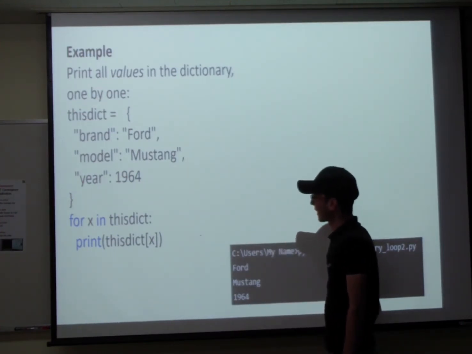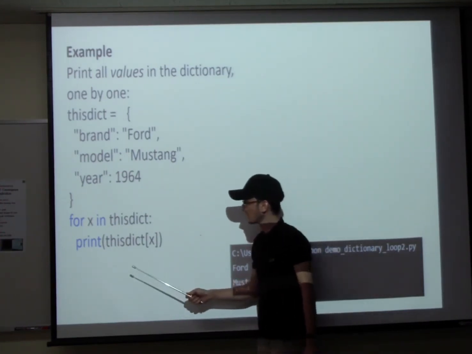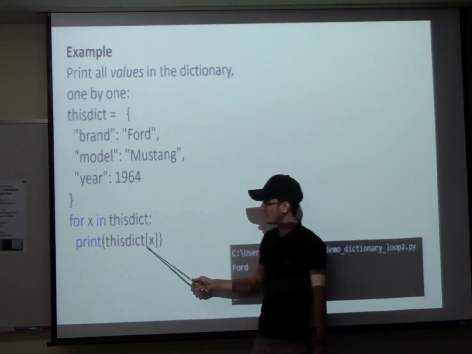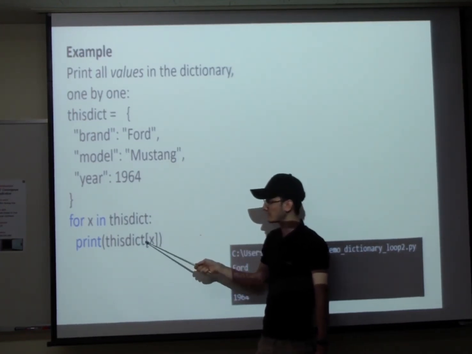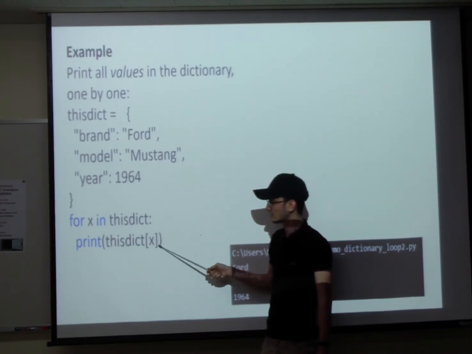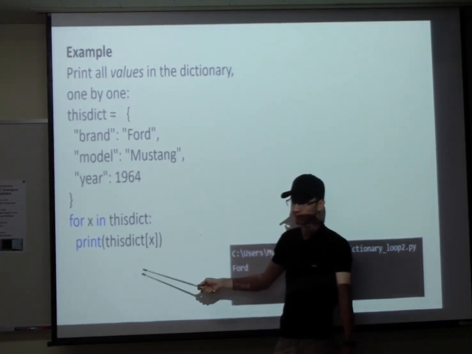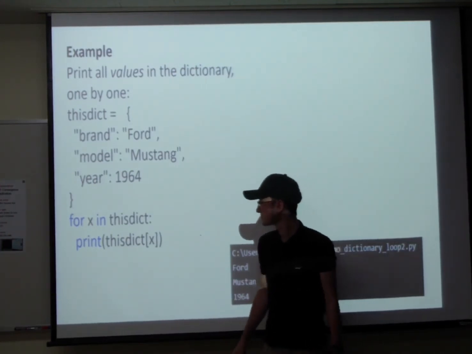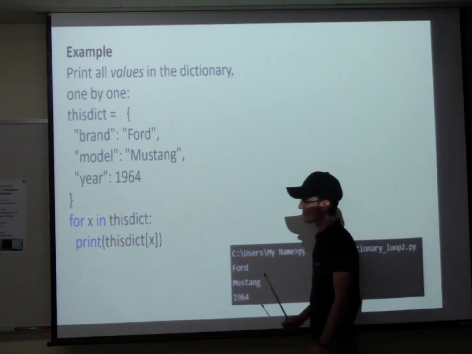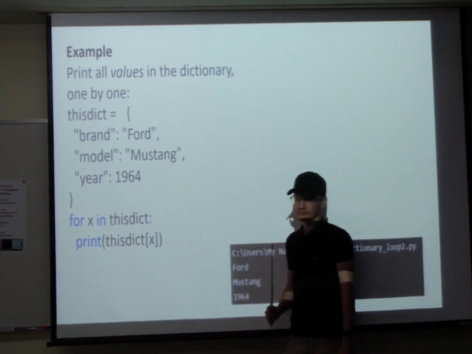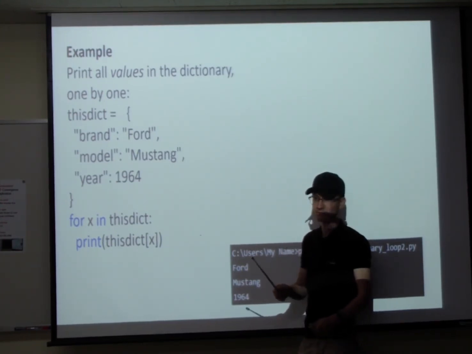But how can we print values? Here in the print function, after the name of the dictionary, we should put square brackets and type x. Just look what's happening here.